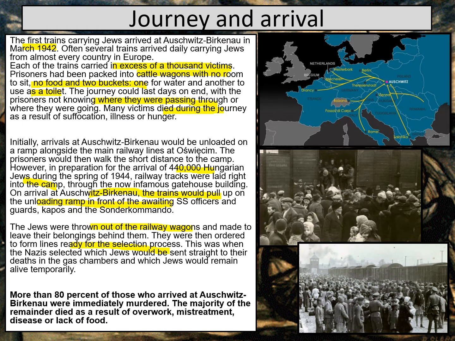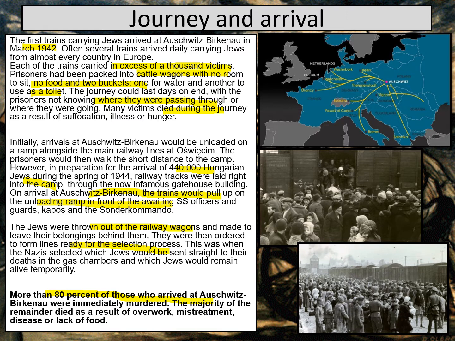This was when the Nazis selected which Jews would be sent to their deaths in the gas chambers and which Jews would remain alive temporarily. Remember that anybody that was pregnant, old, or even too young would absolutely have been sent to be murdered straight away. A really shocking statistic at the bottom is that more than 80% of those who arrived in Auschwitz-Birkenau were immediately murdered, usually within an hour of getting there.